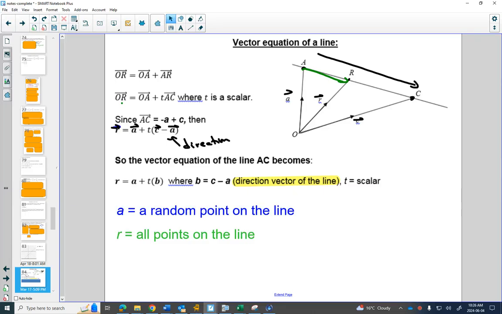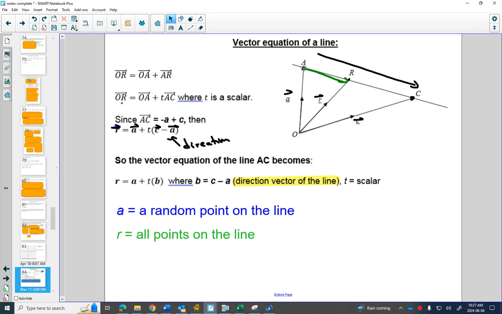And the nice thing about the vector equation of a line, now unlike y equals mx plus b, where you need a specific b, right? y equals mx plus b only works if you have the y-intercept. The point-slope form is a little bit more like the vector equation of a line, because for the vector equation of a line, you just need any random point.